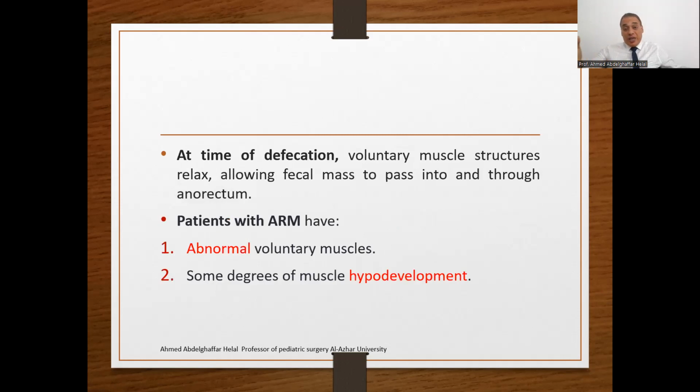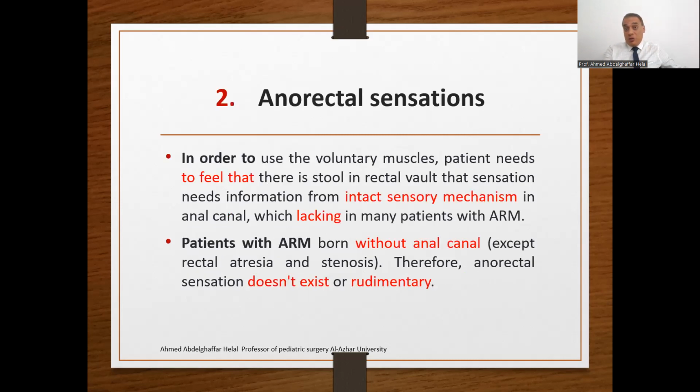At the time of defecation, they will relax. So what happens in anorectal malformation? In patients with anorectal malformation, there will be abnormal voluntary muscles, or these babies may have some degree of hypodevelopment. So the continence related to this point will be affected, as these voluntary muscles may be abnormal or hypodeveloped.